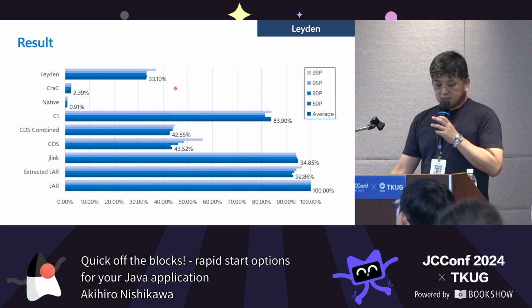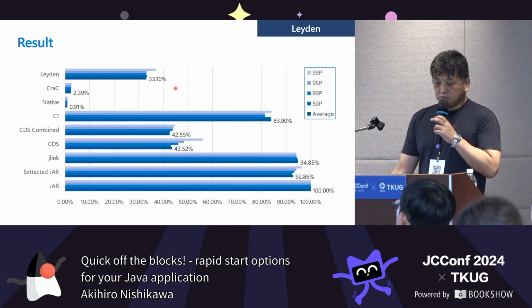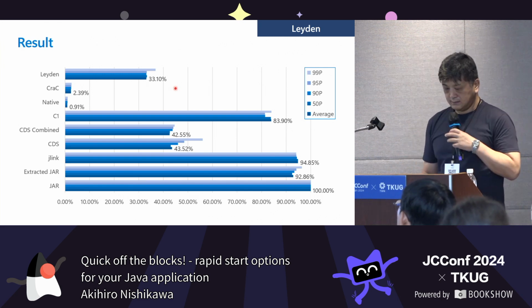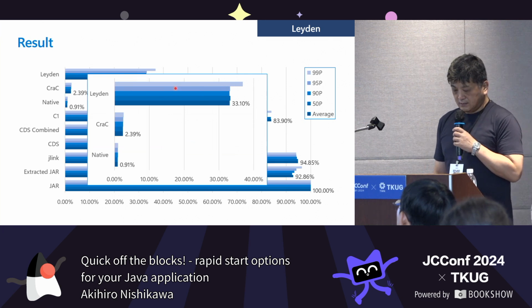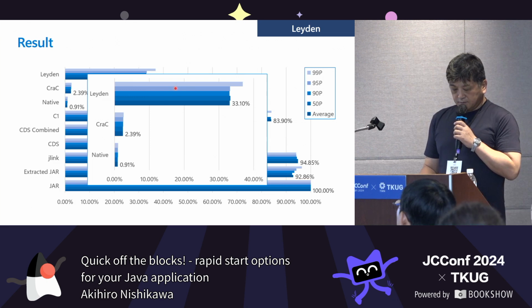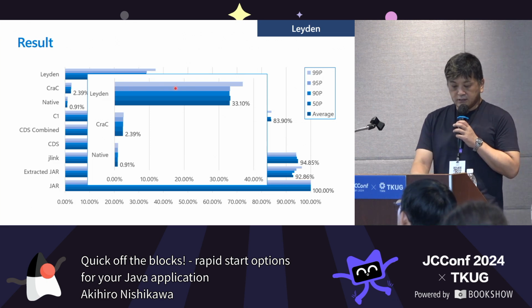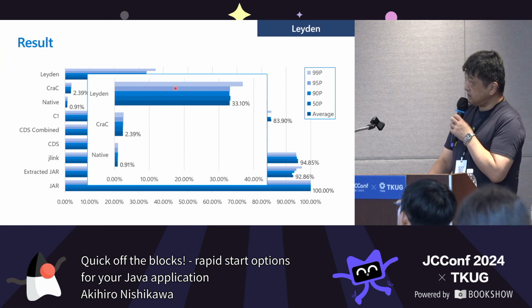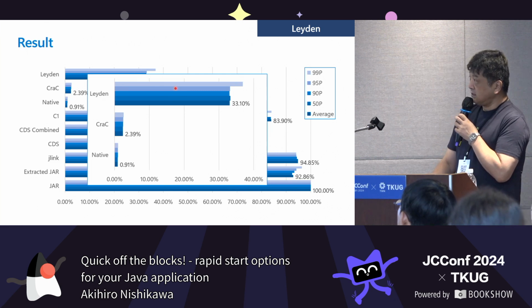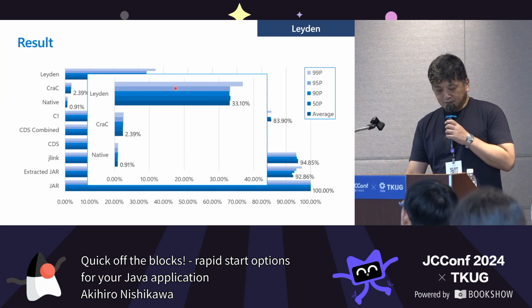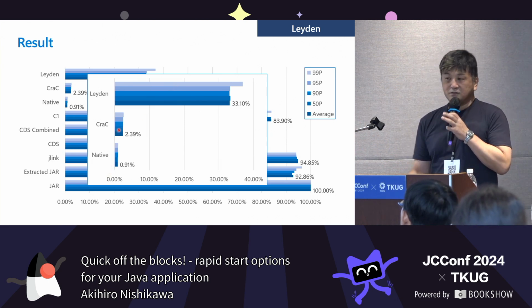So we can gain one third of the executable jar file time. We describe the bar chart on this screen. Indeed, CRaC and native image are too fast.